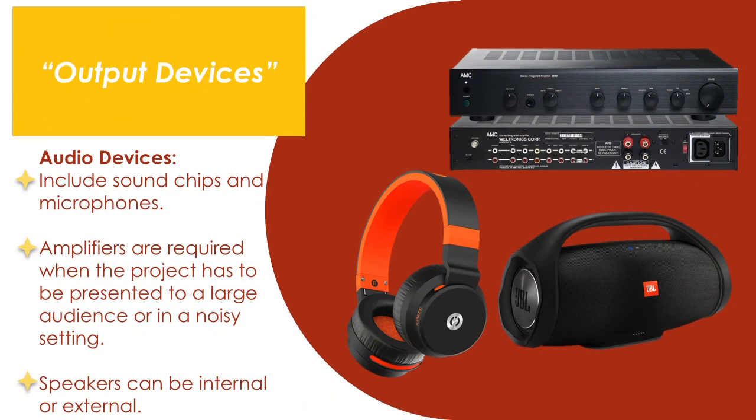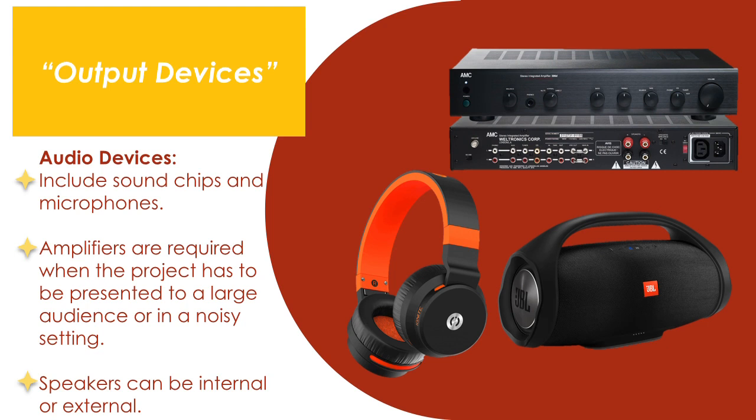The two groups of output devices to be discussed are audio devices and video devices. Speakers are one of the most common output devices used with computer systems. Some speakers are designed to work specifically with computers, while others can be hooked up to any type of sound system.